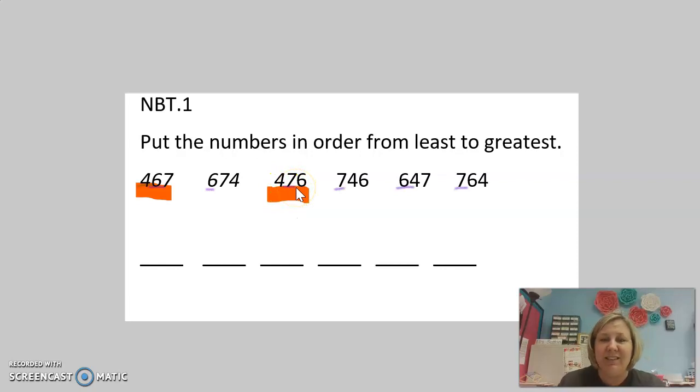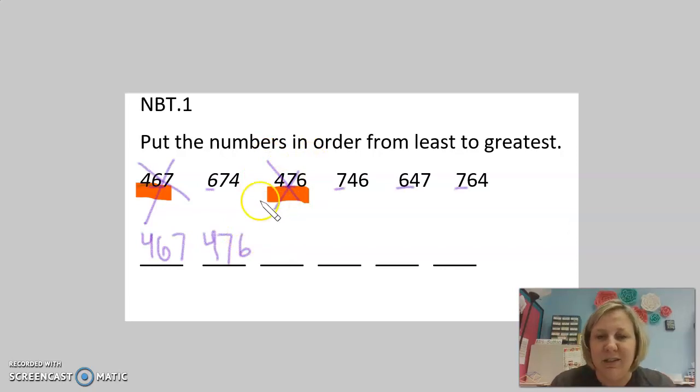Ooh, 60 is less, so I know that my first one is going to be 467. And I'm going to cross that out because I've already used that. So then, back at the hundreds, I have my 400, so then 476. So I'm going to cross that one out because I've already used it.